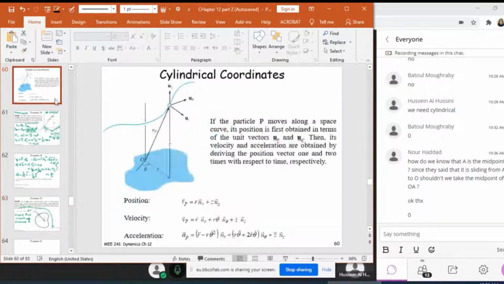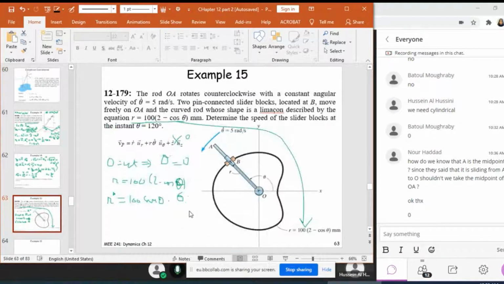If I want to also find the acceleration, then this means that I'm going to find r double dot, and in this case you're going to see that you will have theta double dot, and theta double dot is 0, all right?